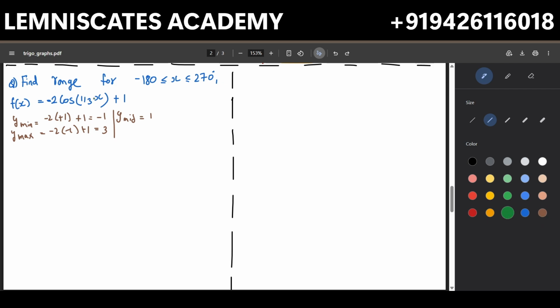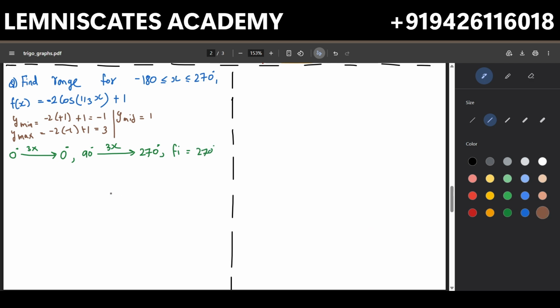But for that, I'll also need to check what is the new value of the fixed interval. So 0 with a stretch factor of 3 is still going to be 0. Then 90 degrees, so 90 into 3 is 270 degrees. So the fixed interval is 270 degrees.